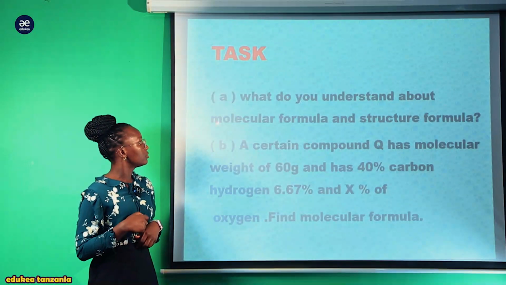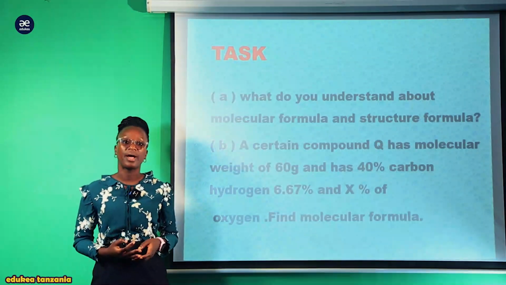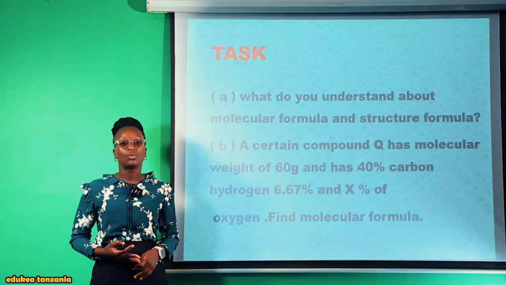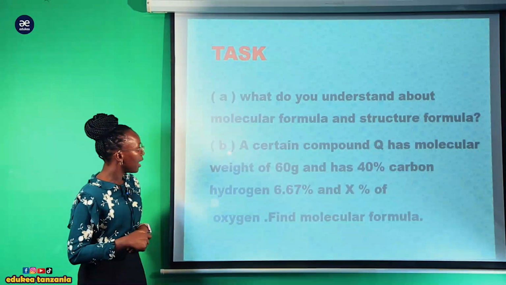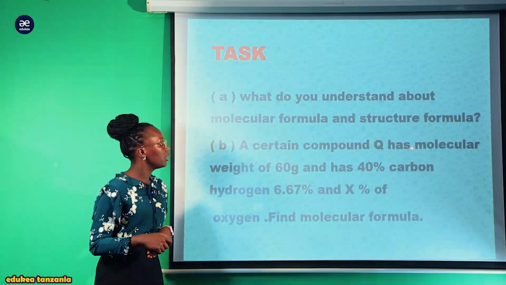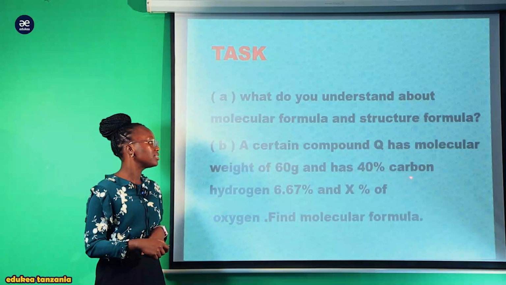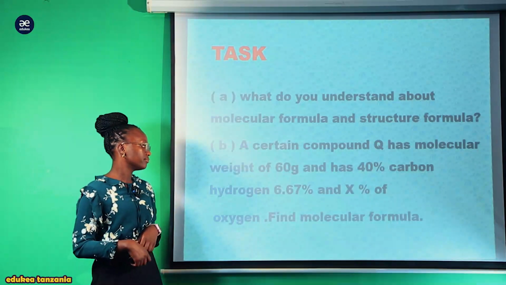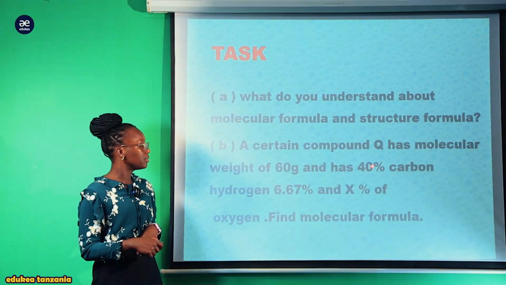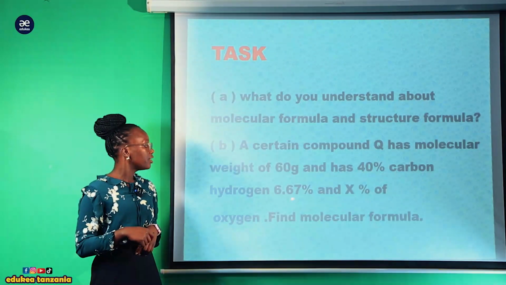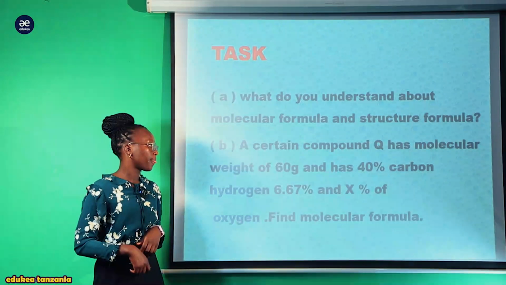What do you understand about the molecular formula and the structure formula? Sometimes unaweza kuona this question is very simple. You can ignore it, but once you try is where you become good. Now, a certain compound Q has a molecular weight of 60 grams and has 40% carbon, hydrogen 6.67% and X% of oxygen.